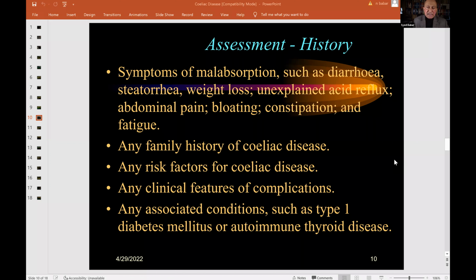So there would be symptoms revealed by way of history taking, suggestive of malabsorption, such as diarrhea, steatorrhea, weight loss, unexplained acid reflux-like symptoms, dyspepsia, bloatedness, constipation, or diarrhea and fatigue. So these would be in the symptoms.